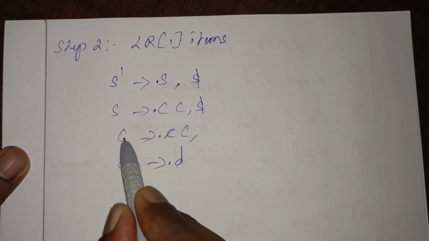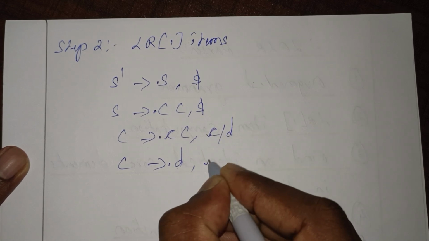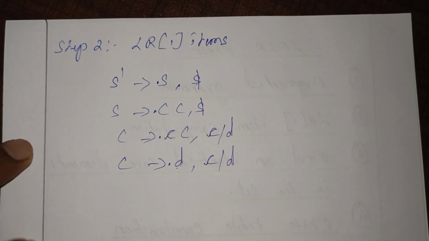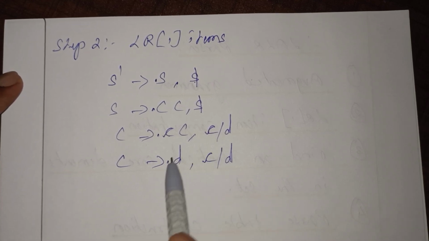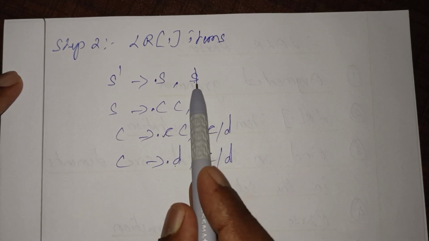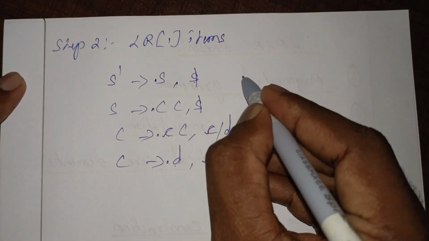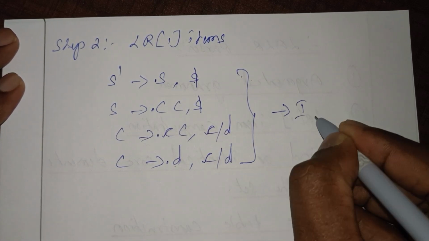Wherever you have this capital C, you need to apply small c slash d, and here also small c slash d. So we are adding this first value for all the non-terminals here. This is called LR of 1. I hope you understood. Now this is iteration number 0.